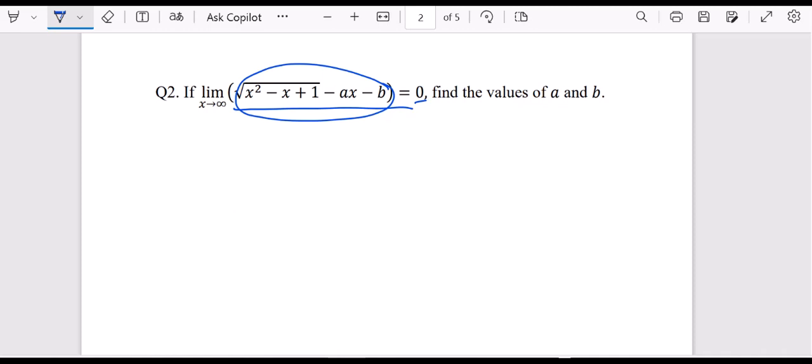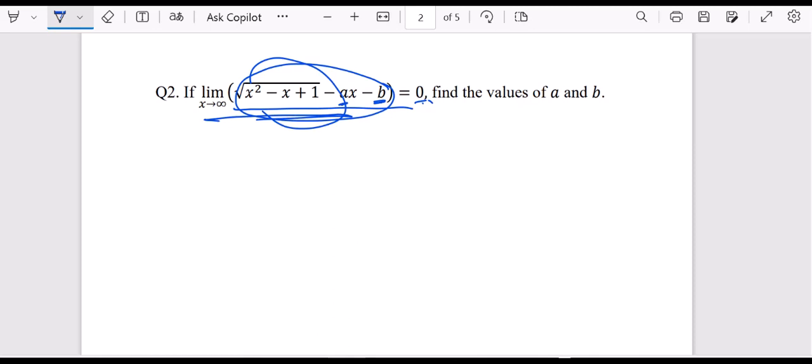So now, because they said we should find the values of A and B, the values of A and B that will make the limit of this expression equal to 0 is what we are looking for. We are not going to do anything tedious. We want the values of A and B such that the limit of this whole expression will be 0.